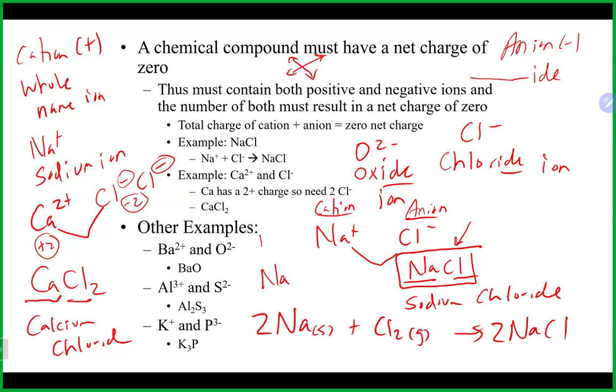So each of these sodiums will donate one electron over to each of the chlorines, because in this case you have two chlorines, right? So each of those chlorines will actually pick up one electron, which will give this guy on this side, technically, two Cl minuses. And when this guy loses the electron, that is when it becomes a positive charge. So in this case, it's actually the sodiums donating the electrons over to the chlorines.